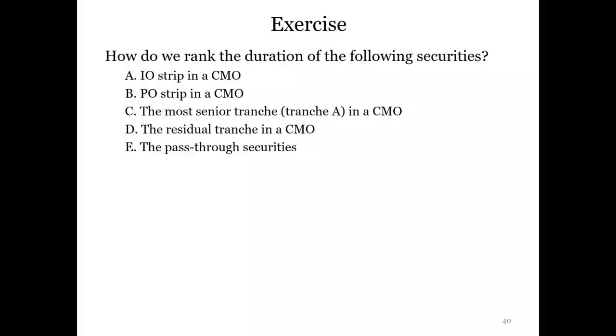So who will have the second shortest duration? Come on, shouldn't be that hard. So I've told you it's not gonna be PO. So we have pass-through securities and tranche A. Which one is gonna have the shorter duration? Tranche A, of course, right?